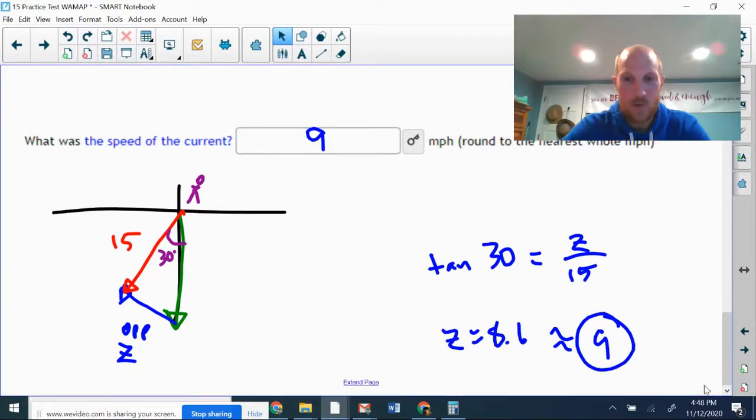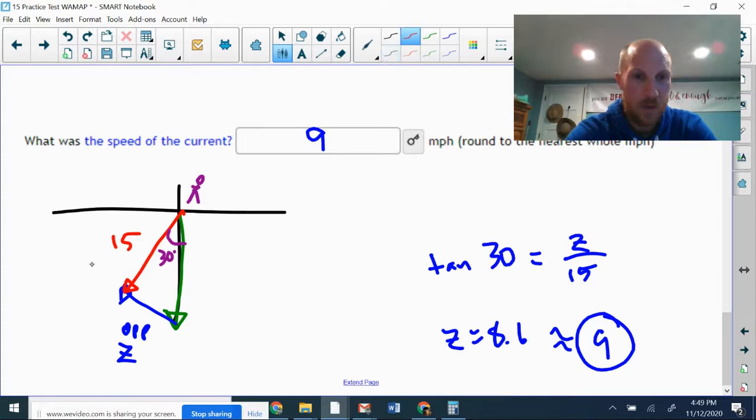In the next step, I need to find the speed of the current. I'm going to use the red side of the triangle, which has not been rounded at all. I will get a more reliable answer as opposed to using the green side, which I just rounded off. This red side is the adjacent. The blue side is the opposite side.